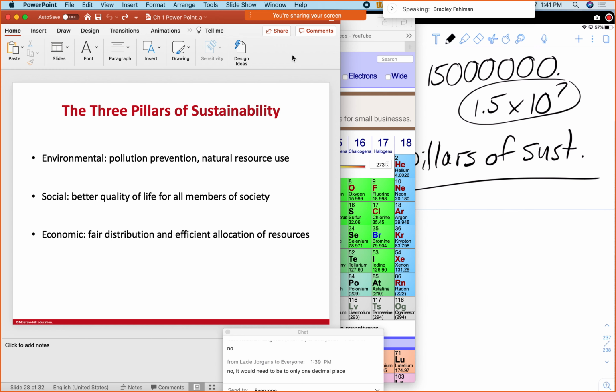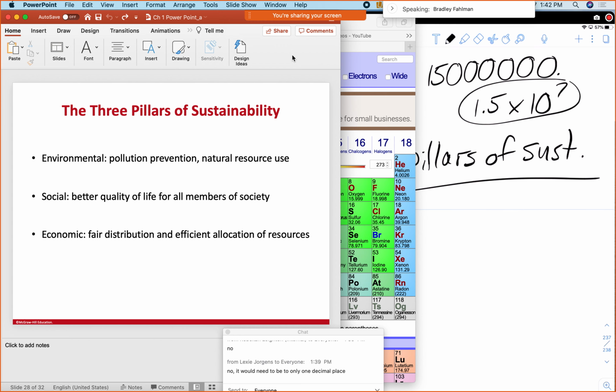So knowing some examples. Remember when we were face to face, we were looking at the 3 pillars of sustainability applied to electrical generation using solar versus burning a fossil fuel, burning coal, I think it was.